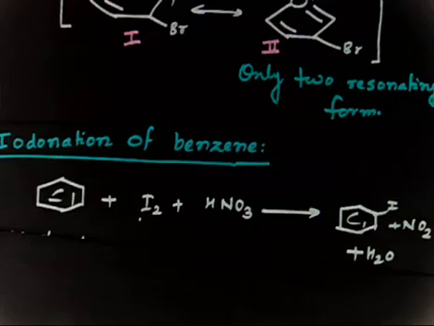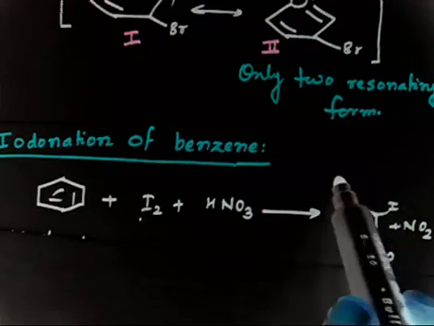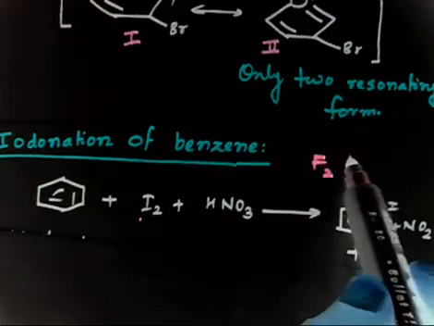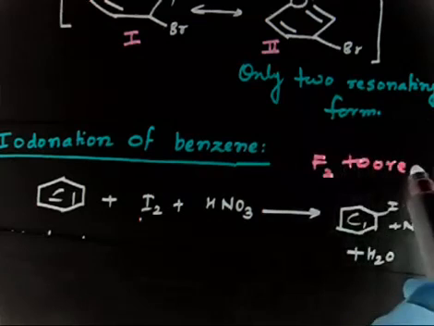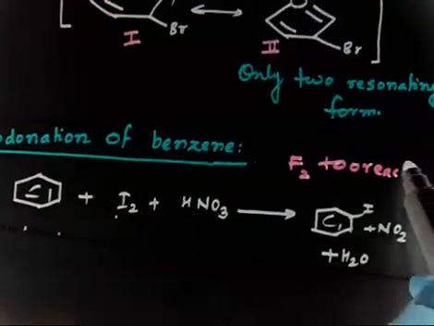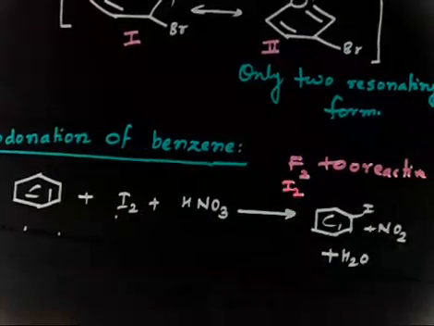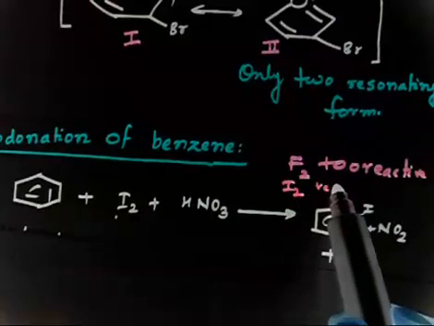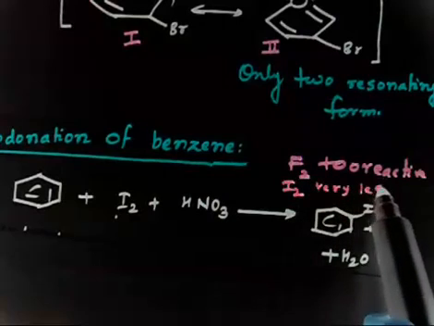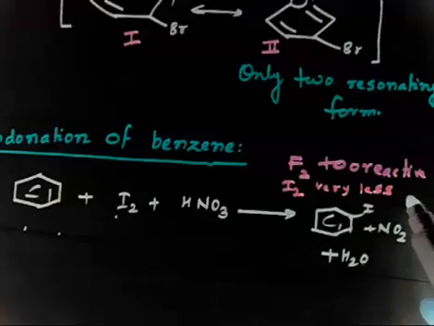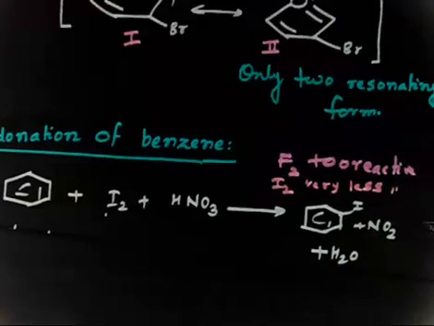So I cannot add fluorine because F2 is too reactive, and I2 is very less reactive, the opposite. And that's why iodination cannot be done simply by taking I2 plus Fe.